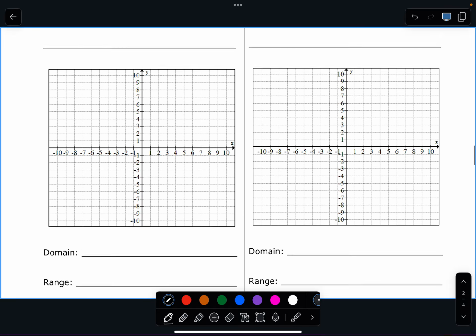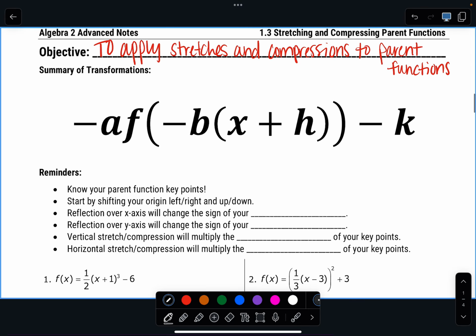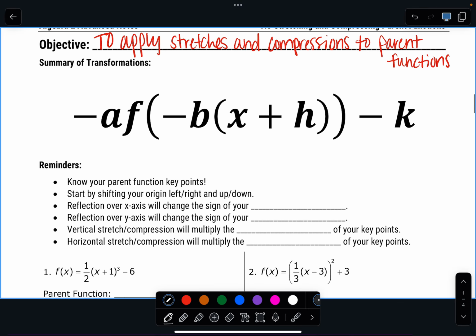So we have our transformations. A lot of these you should know. I'm going to give you a little reminder of things we've already discussed. We've discussed that this is a reflection over the x-axis.